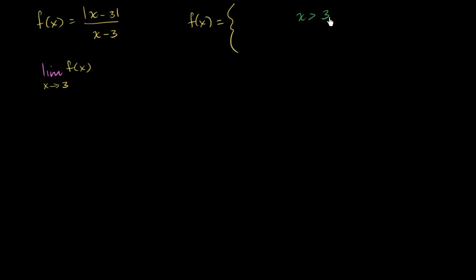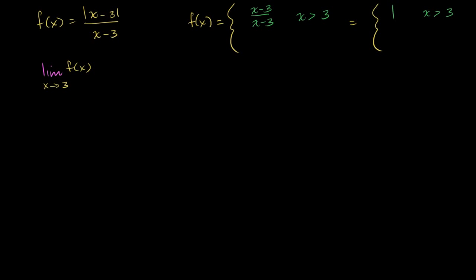So for x greater than 3, this is the exact same thing as x minus 3 over x minus 3, because the numerator is positive and taking the absolute value won't change its value. So for x greater than 3, f of x is equal to 1.